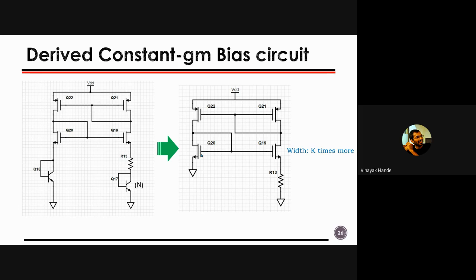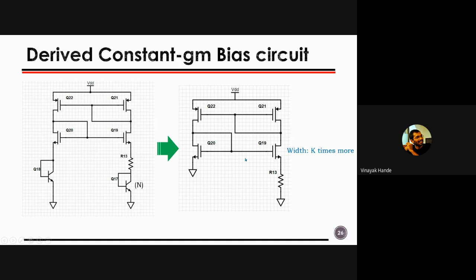And if you look closely and analyze this loop, suppose I'm breaking the loop at Q19, and I'm pulling up the gate voltage of Q19, this will fall down. The drain voltage of Q19 will fall down, right? And accordingly the Q20 gate voltage is increased.